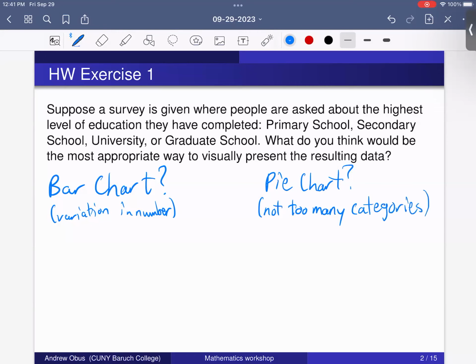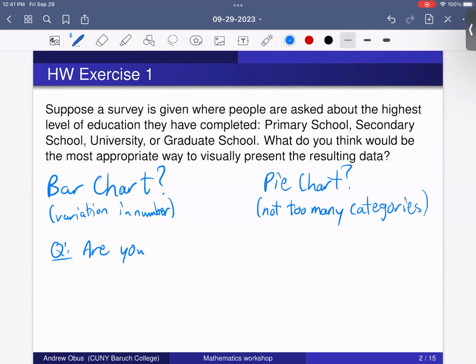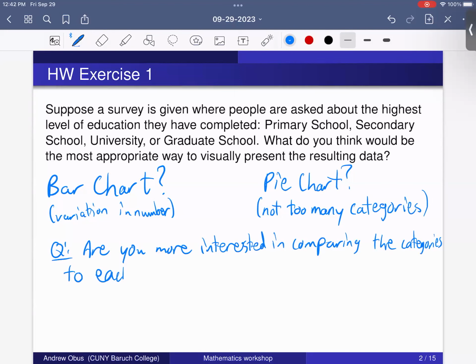And so one question would be, are you more interested in comparing the categories to each other, or to the whole?